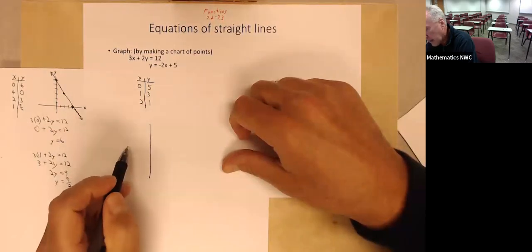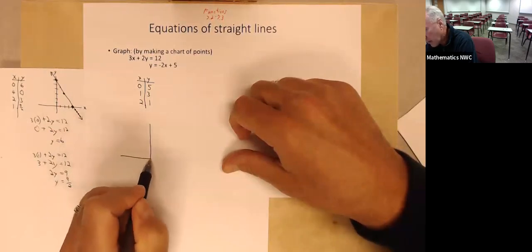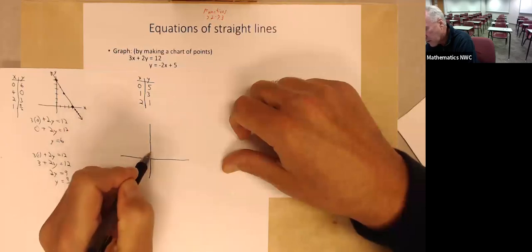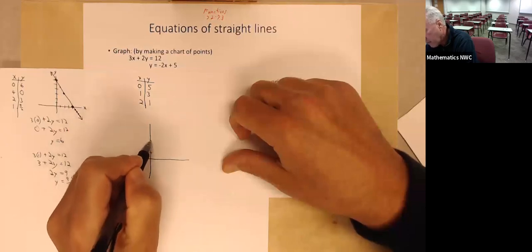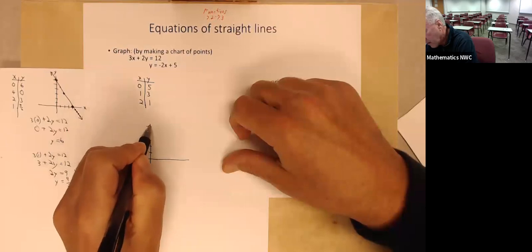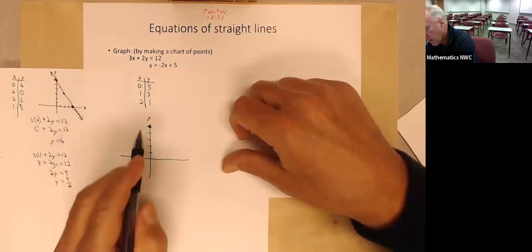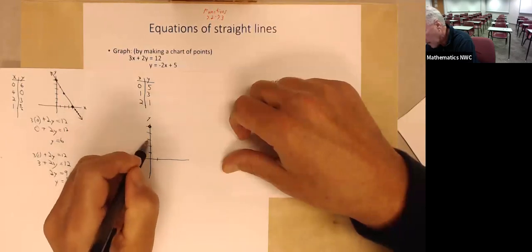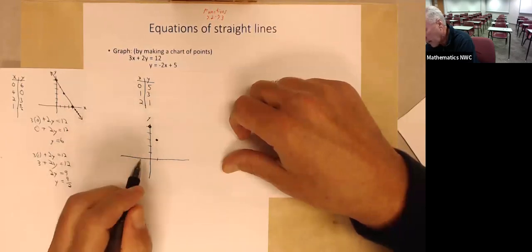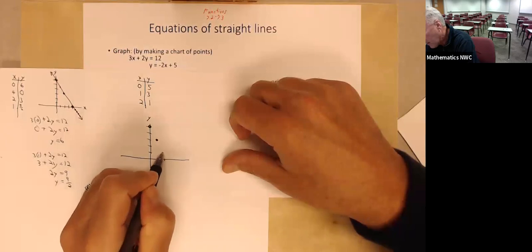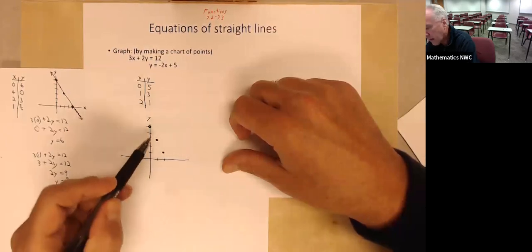Obviously, 2 would make a line, but the third point is kind of a checkpoint. So 0, 5 is my y-intercept. 1, 3 would be the next point, would be right here, and 2, 1 would be this point.